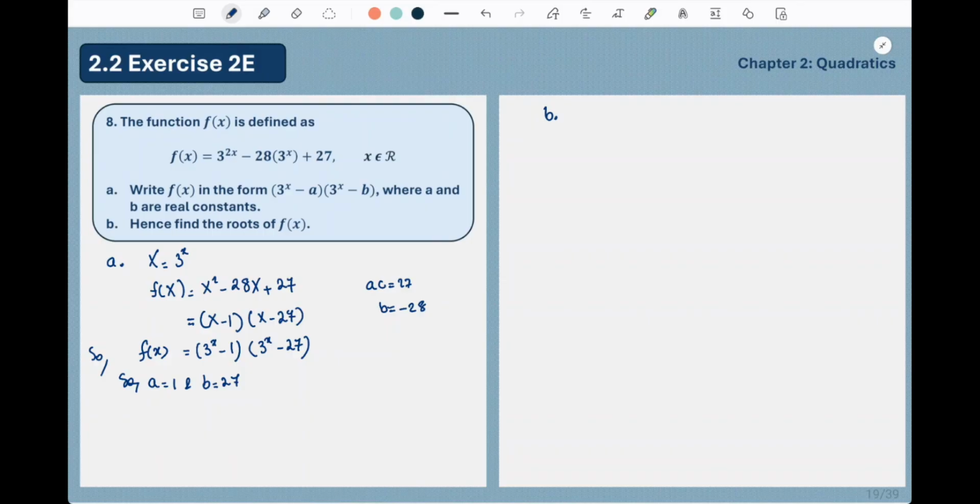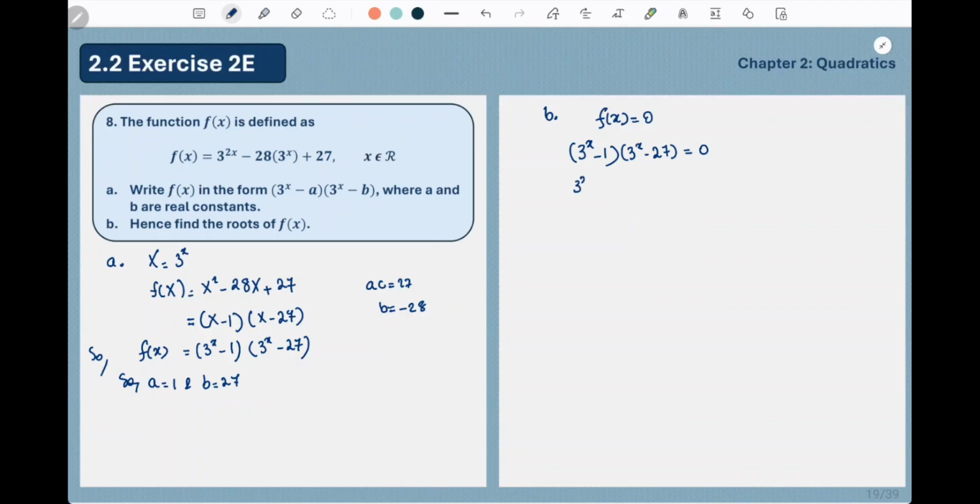Hence find the roots of f(x). To find the roots, we simply solve for f(x) equal to 0. I'm going to use this form here. It said hence, that means I'm using whatever I found in part a. So f(x) is (3 to the power of x minus 1)(3 to the power of x minus 27) equal to 0.